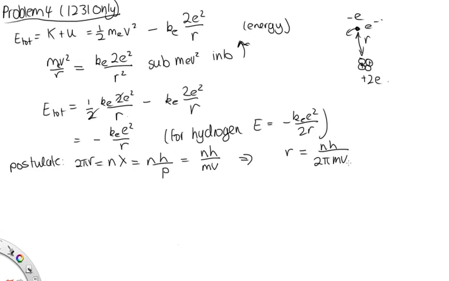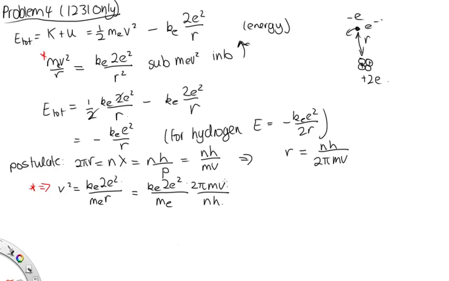Now what we want to do is get rid of this v dependence here. So let's go back to this equation here. And we can write v squared is equal to Ke times 2e squared over m_e r. And so let's substitute in for this r here. So we've got Ke times 2e squared over m_e times 2 pi mv over nh.